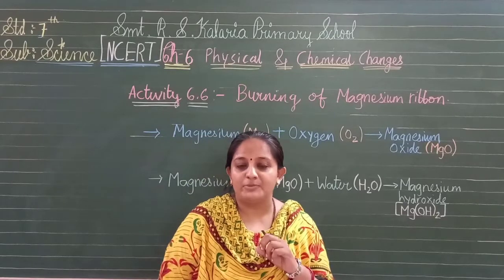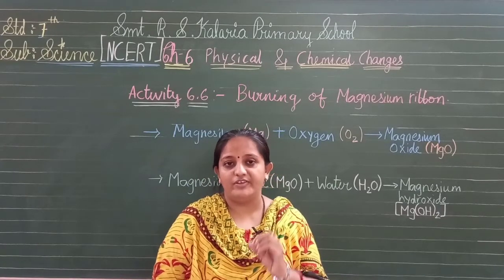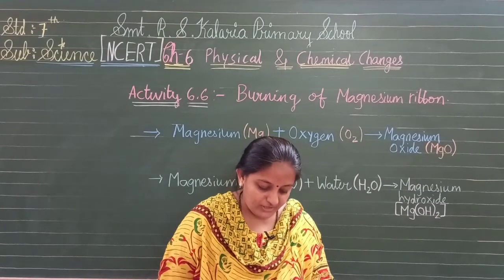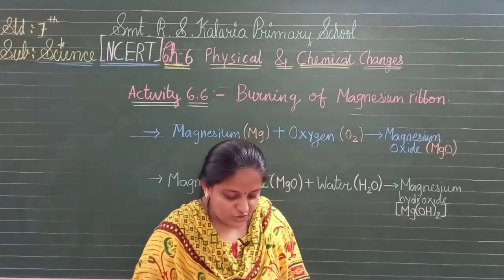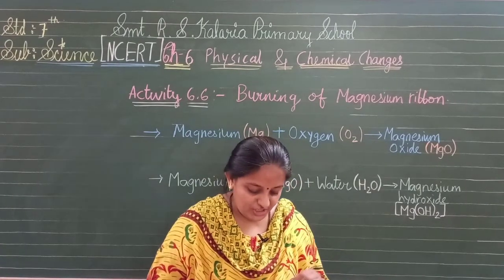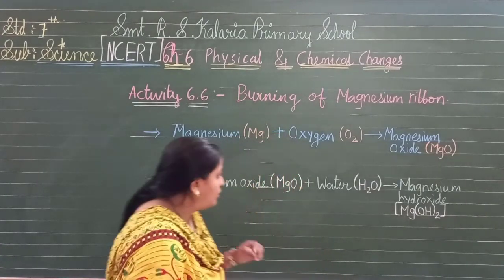With the help of litmus paper you find out whether the substance is acidic or a base. On dissolving the ash in water it forms a new substance. The change can be written in the following equation.